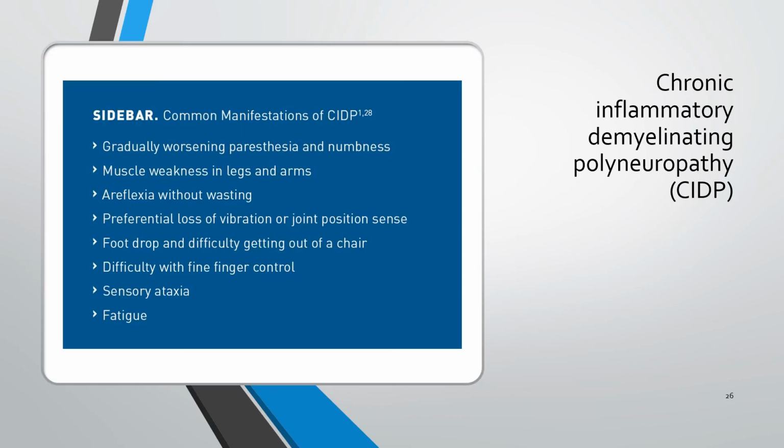A final neuromuscular disease is chronic inflammatory demyelinating polyneuropathy, commonly known as CIDP. Chronic inflammatory demyelinating neuropathy is a condition that arises when the myelin sheath around the nerve cells is damaged. It seems like a common theme that most of these neuromuscular diseases impact the myelin sheathing.